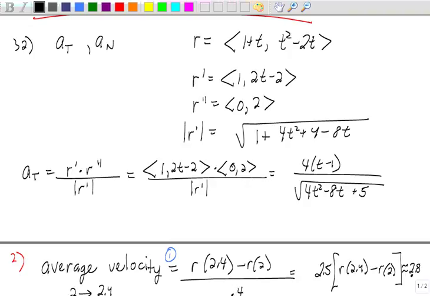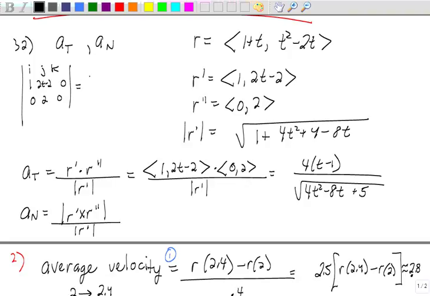And then a sub N is the magnitude of r prime cross r double prime over the magnitude of r prime. We can do that up here. If you do all the work, that's going to be 2k.